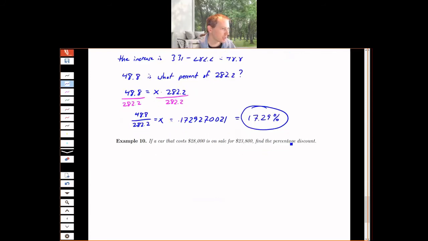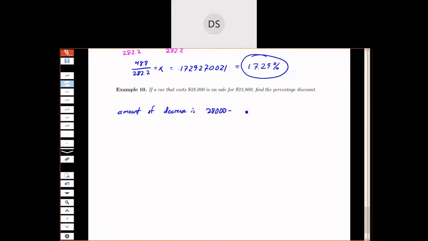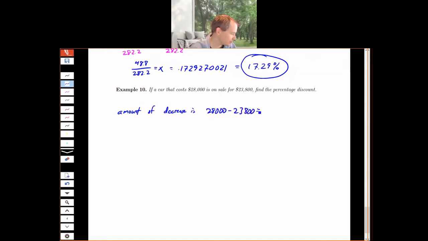Okay, so let's look at example 10. Example 10 is going to be very similar, except that our ending amount is lower than our starting amount. So instead of a percentage increase here, we're going to find a percent decrease. Okay. So the amount of decrease, if I take 28,000 minus 23,800, I get 4,200.